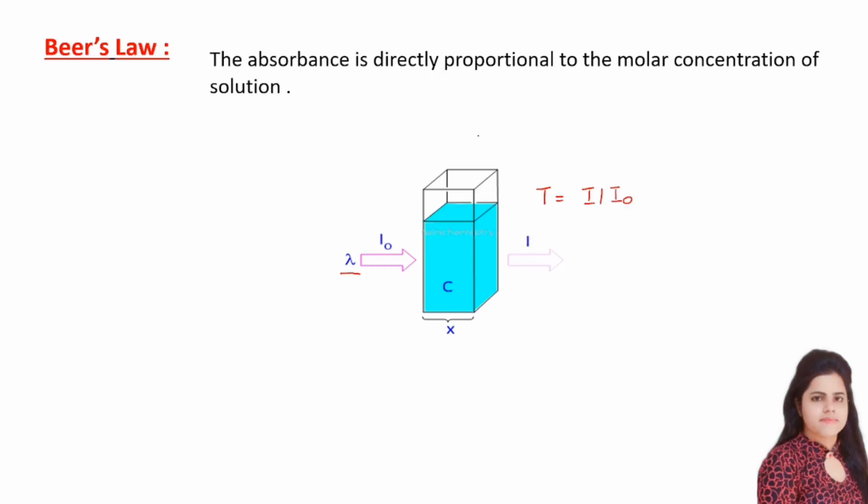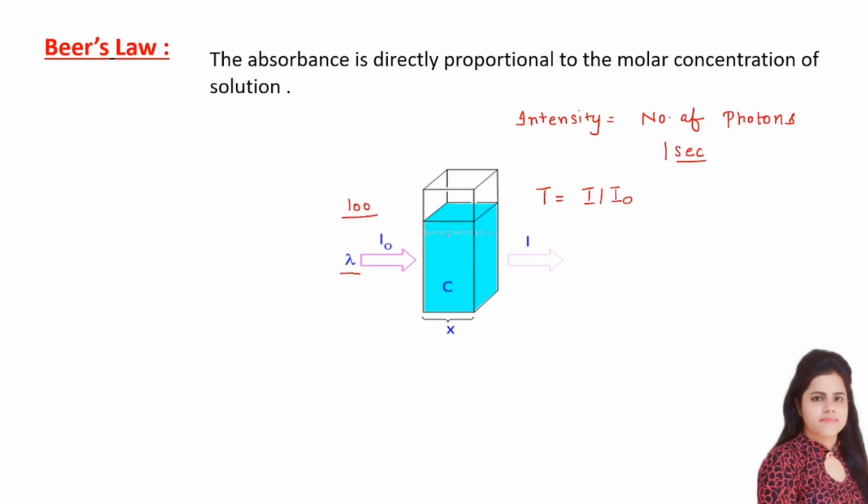Now the thing is, what is intensity? Basically, intensity is the number of photons passing through that area per second. For example, I am passing 100 photons per second as my incident intensity.